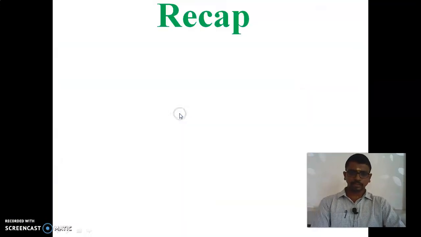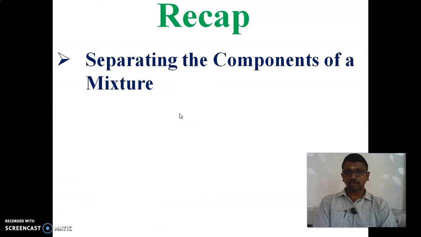So in the last class we discussed two techniques for separating the components of a mixture. The first technique is sublimation, which shows that we can separate the volatile components and non-volatile components. The second technique is chromatography.